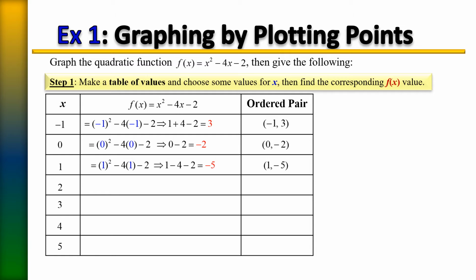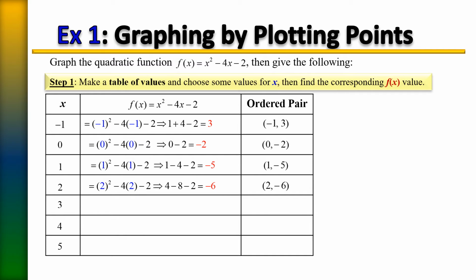Next, we're going to plug in a 2. Once we plug in a 2 and do the math, 2 squared is 4. The middle number is going to be a -8. When we combine those three numbers, we get -6 because a +4 and a -8 is going to give you a -4. -4 combined with a -2 will give you the -6.